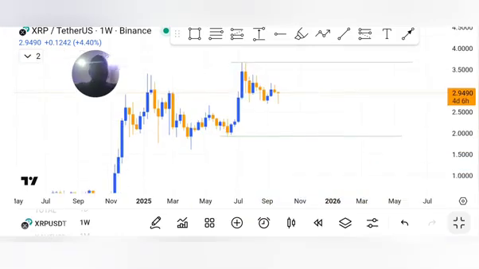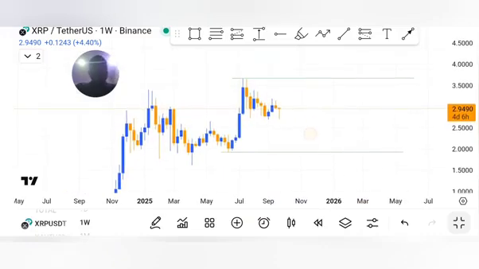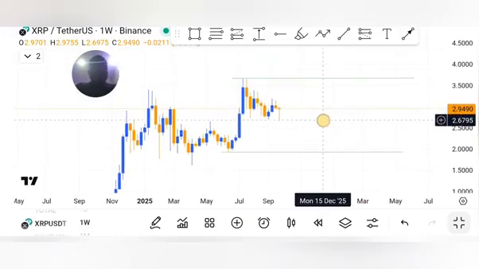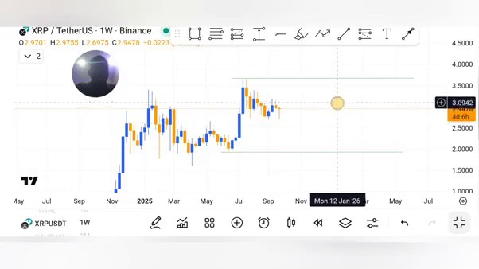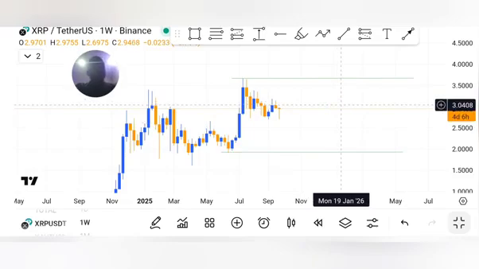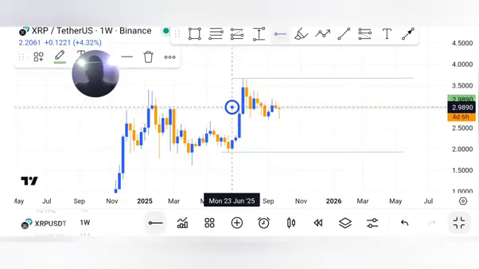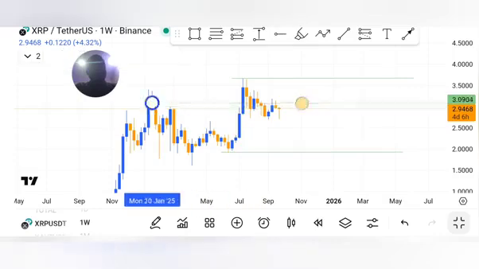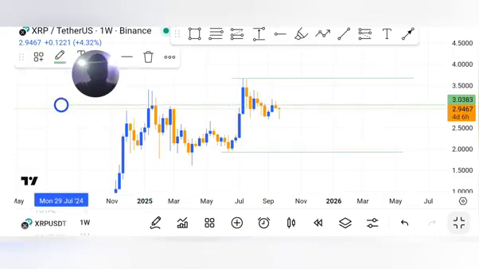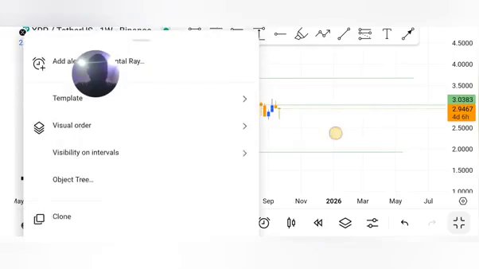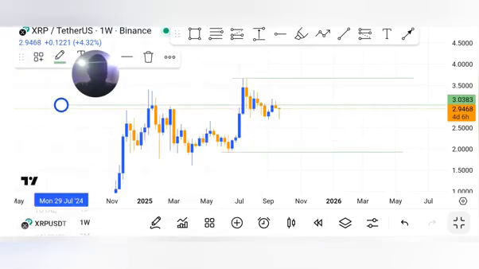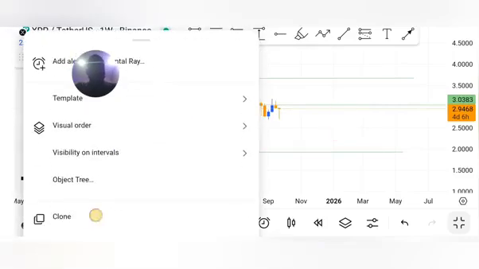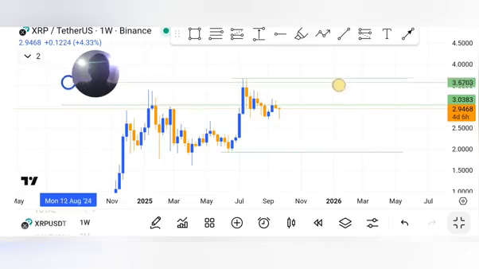the move up today. Then where is our support zone? We have this, and we have this. Firstly, I'm going to place this here as my weekly support, which is now acting as a resistance because the price is currently below it.